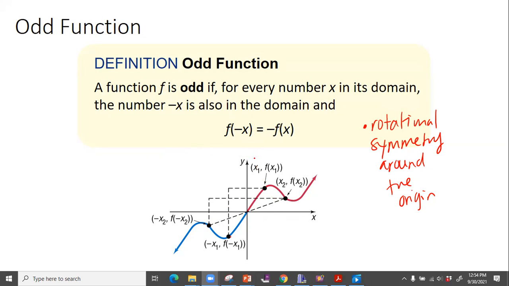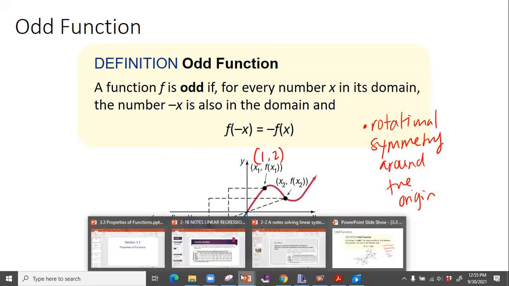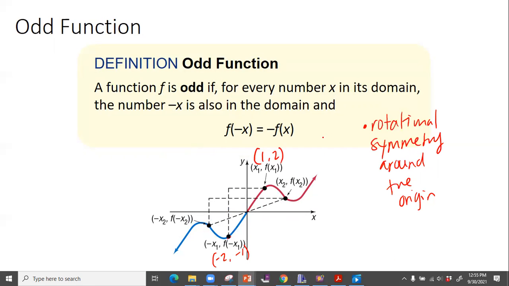So for example, if I'm here at (1, 2), then this would have to be (-2, -1). I think I said that right.